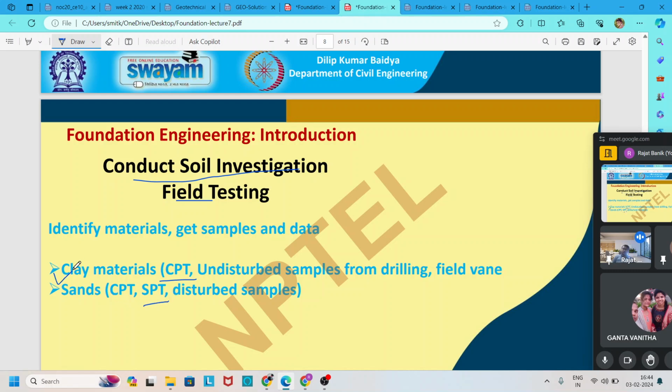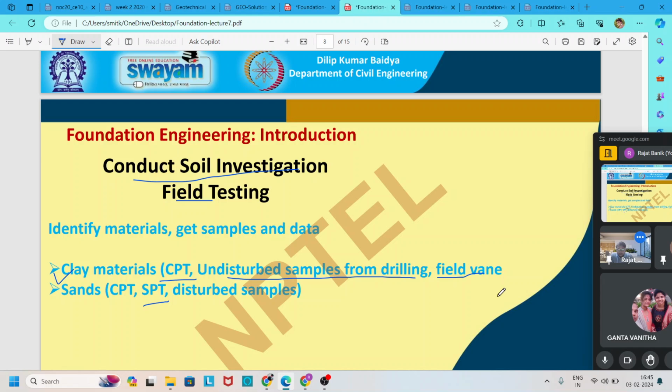For clay material, the cone penetration test is most suitable, and we can collect the undisturbed sample from drilling or some field vane and test the soil properties like void ratio, permeability, then friction angle. We need to find this out by the cone penetration test.